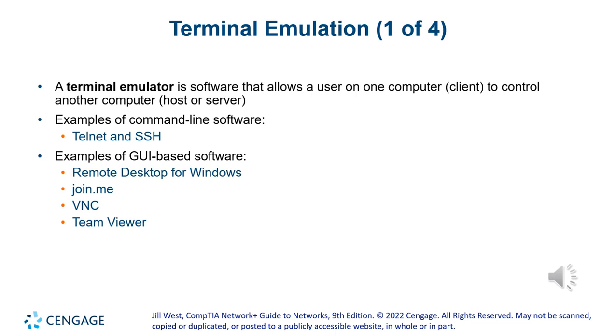If you want to go GUI based or graphical interface, you use Remote Desktop for Windows. Join.me, I don't know if that is still alive, but there are a lot of services. LogMeIn, or I use one that I don't recall right now. Anyway, there's some software that you can use.